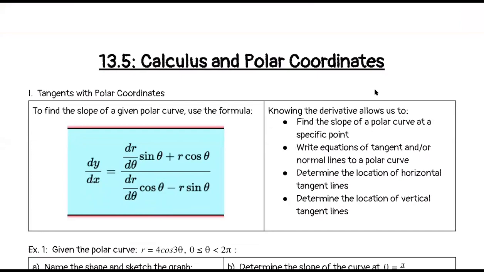All right, so now we're getting to the good stuff, right? We're talking about calculus as it applies to polar coordinates. We're going to take a look at tangents with polar coordinates, and then at area with polar coordinates. Those are the two main applications, okay?